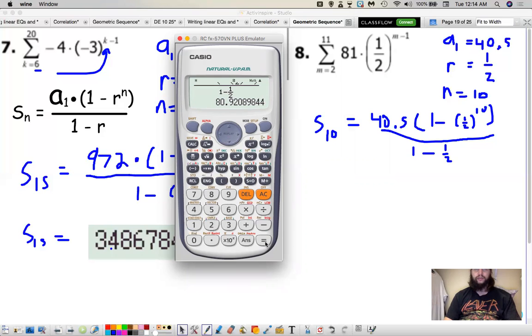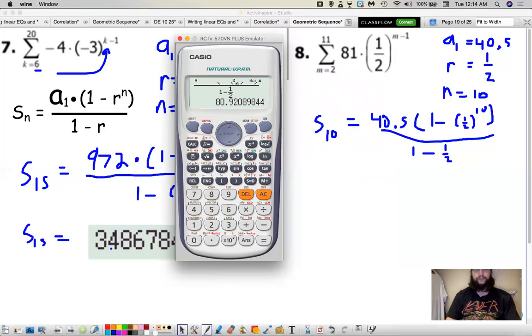Here we have 80.920 and so on. So this one gives it to you as a decimal. You could probably get it as a fraction if we did the numerator or the denominator, but let's just go with this decimal. Let's go 4 decimal places.